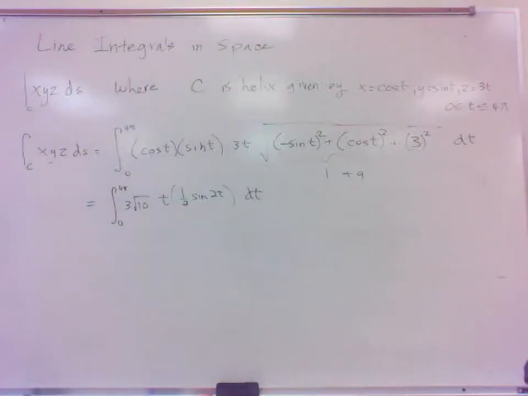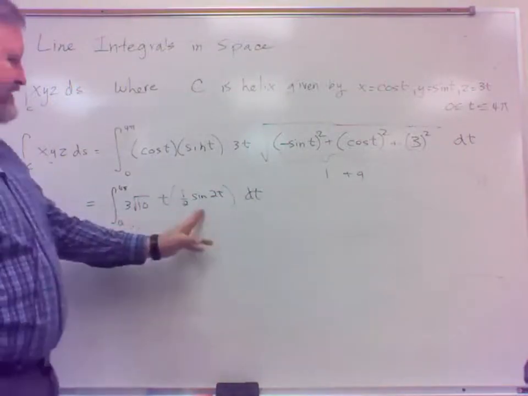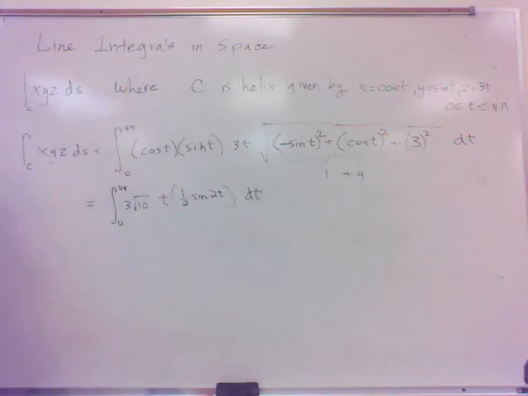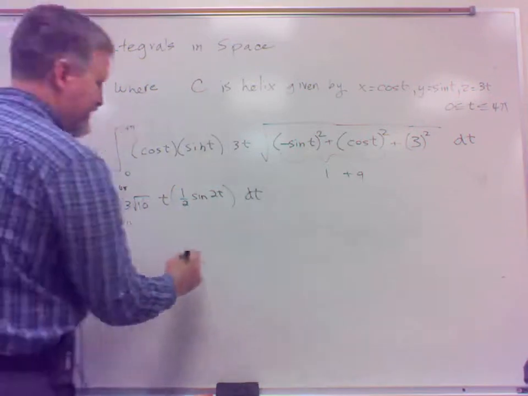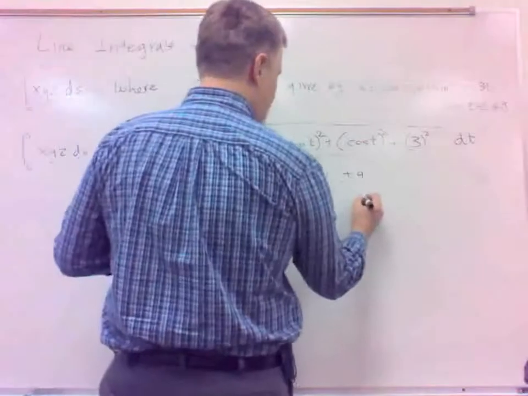Well, the problem is here we've got a t and a sine of 2t. And the integral for that, if you'll recall, when we have something like that, how might we do it? Because substitution is not going to help us. Yeah, integration by parts. Yeah, if we do integration by parts.